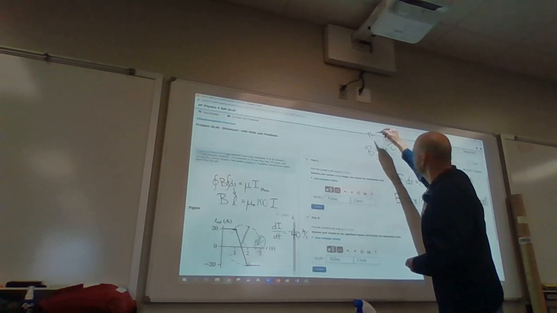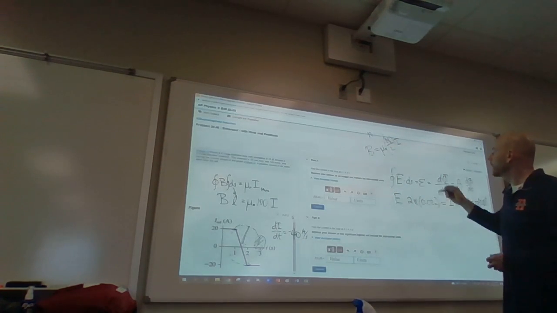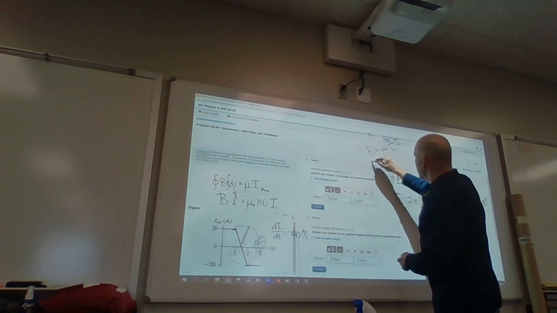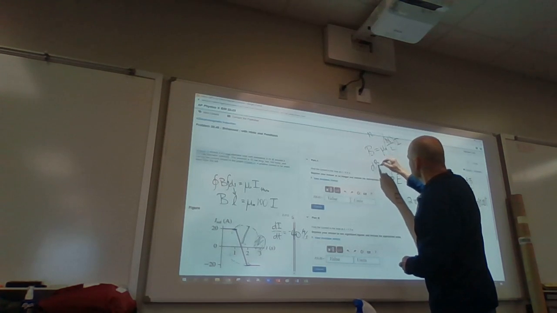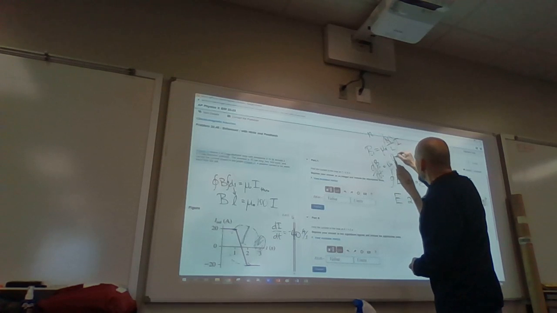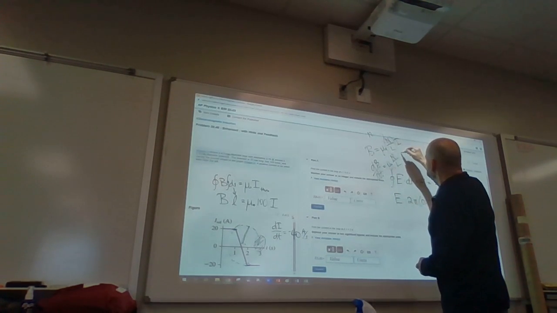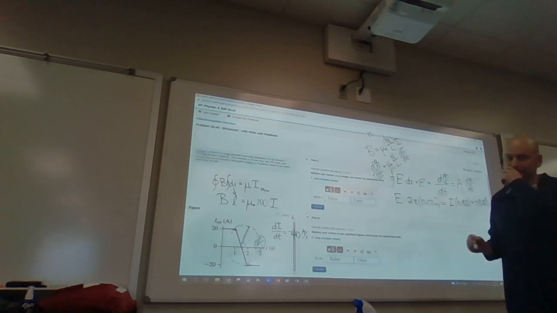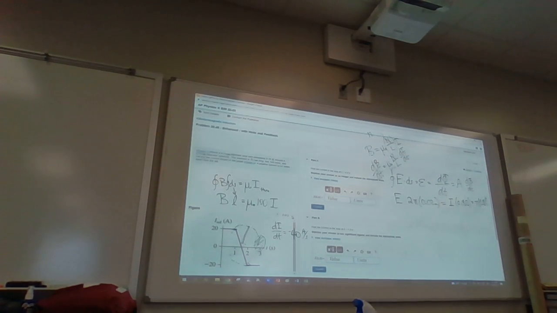This ratio becomes lowercase n. So the rate at which this is changing is just the rate at which current is changing times that constant stuff.